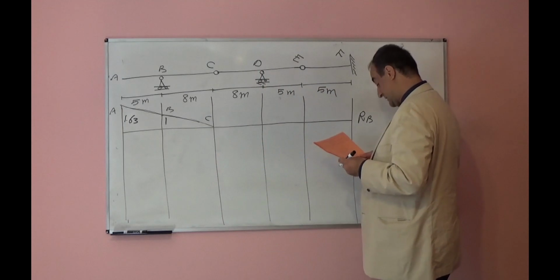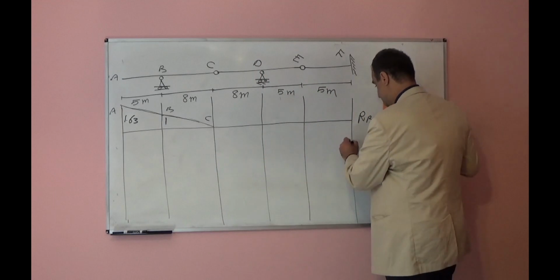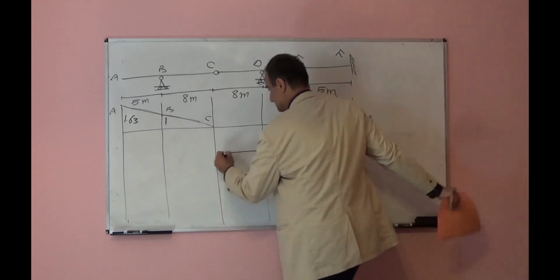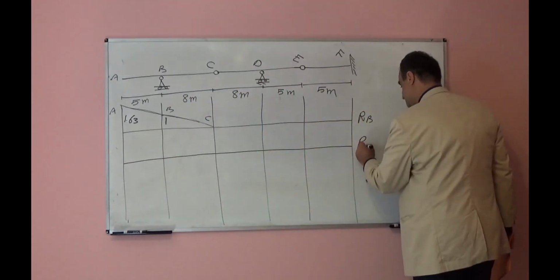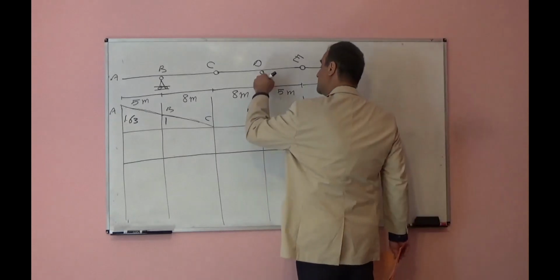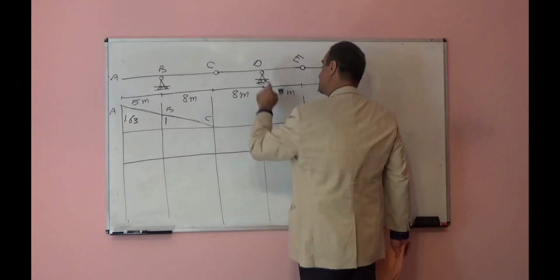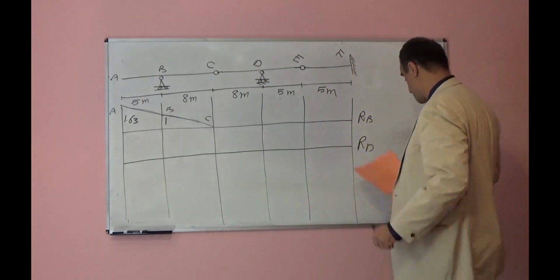Let's look at the influence line for reaction at D. Reaction at D. You will remove this support. You will shift up point D by unit. So how will this deform?